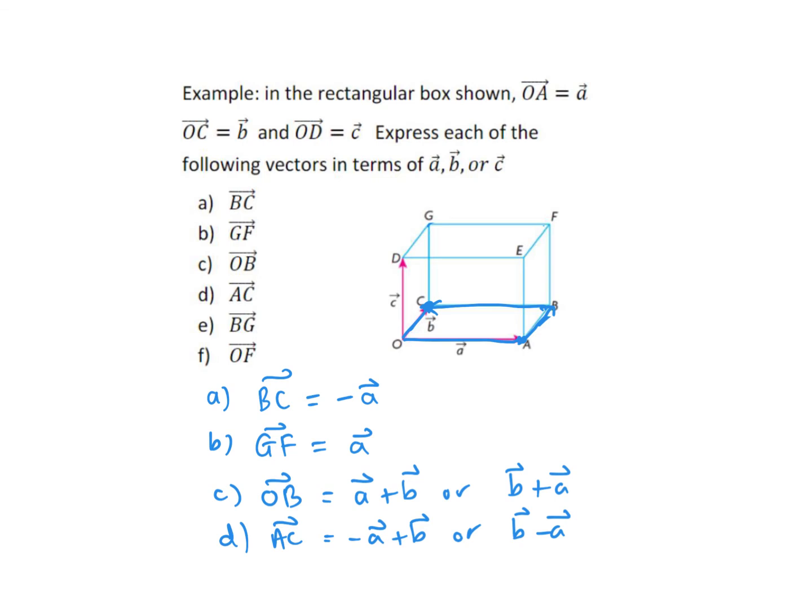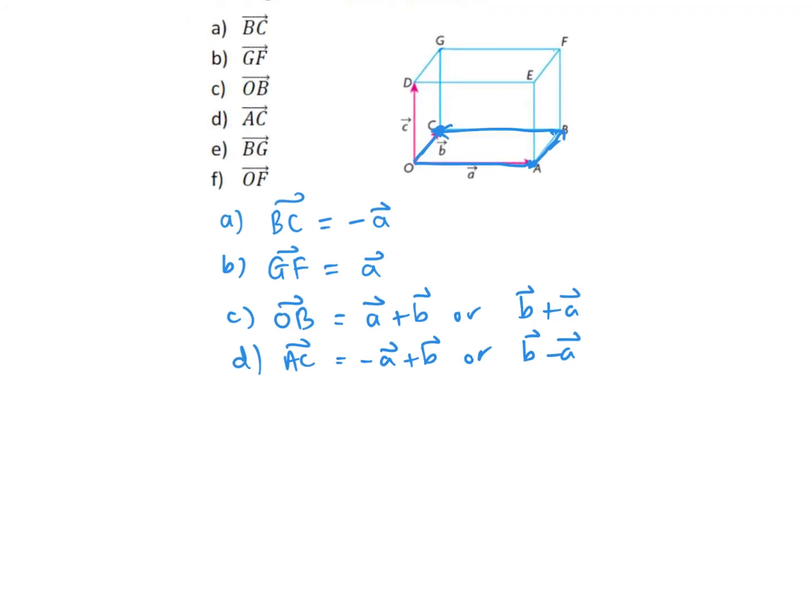All right, let's look at the next one. So E is B to G. Let's erase what we have here. I guess I can't erase that. Oh, there we go.